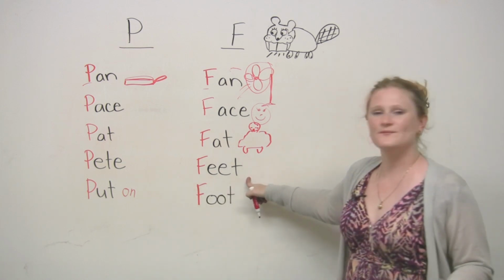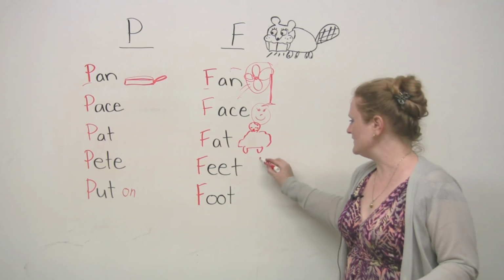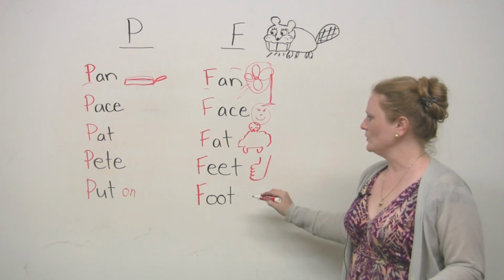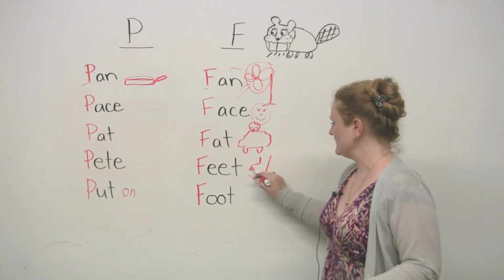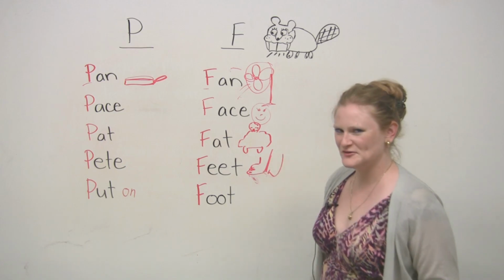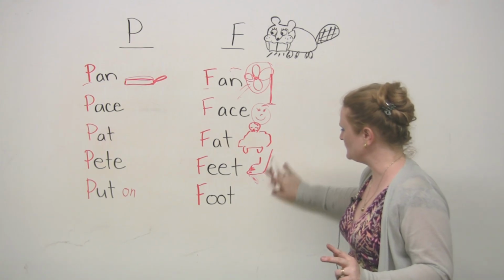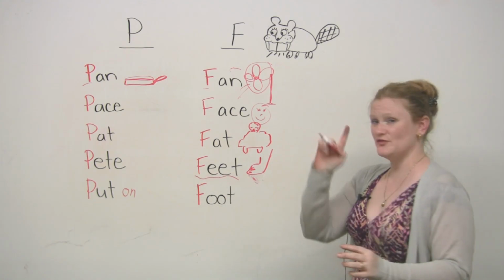Then we have feet. Feet are always plural. Wow. I think I should go to art school. And feet are the things at the bottom of your legs. And we always have to speak about both of them, our feet.